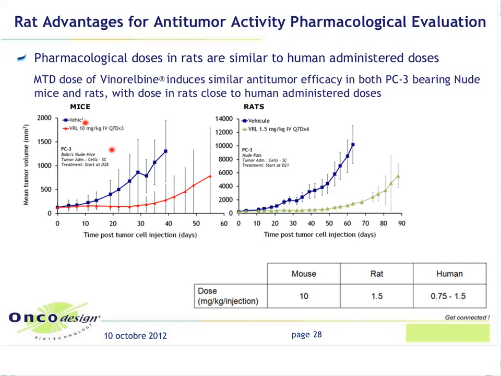At their maximal tolerated dose, 10 milligrams per kilo for mice and 1.5 milligrams per kilo for rats, similar anti-tumor activity is observed. It should be noted that the dose injected in rats is close to the dose used in humans.